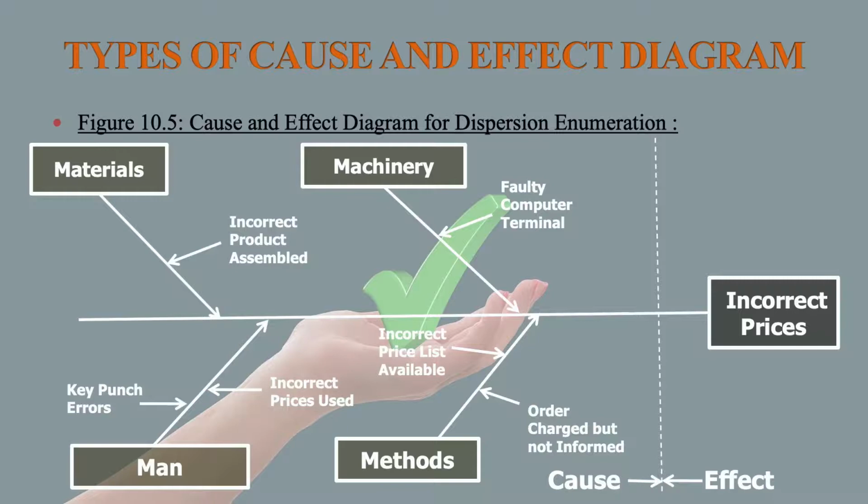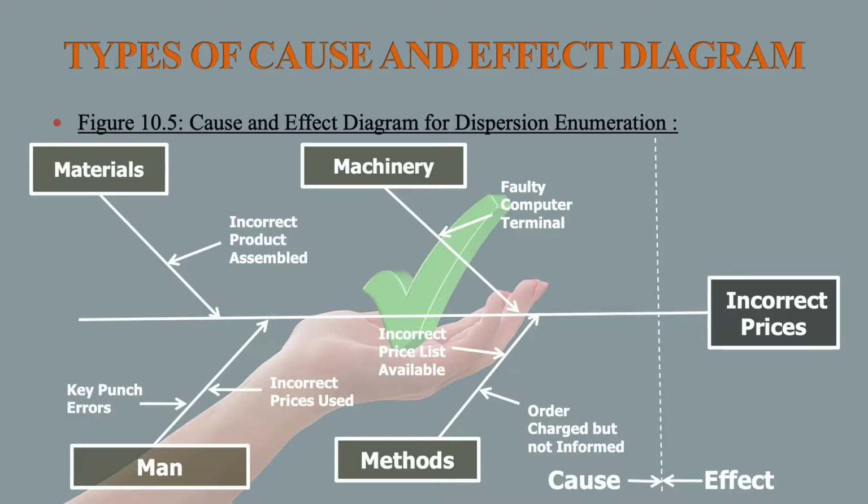So here is the cause and effect diagram for dispersion analysis. The problem is incorrect price. Here the various causes are methods, men, material, machine that we have taken. So if it is machine, then faulty, and you can see various other causes, main causes and then other causes, in this figure.